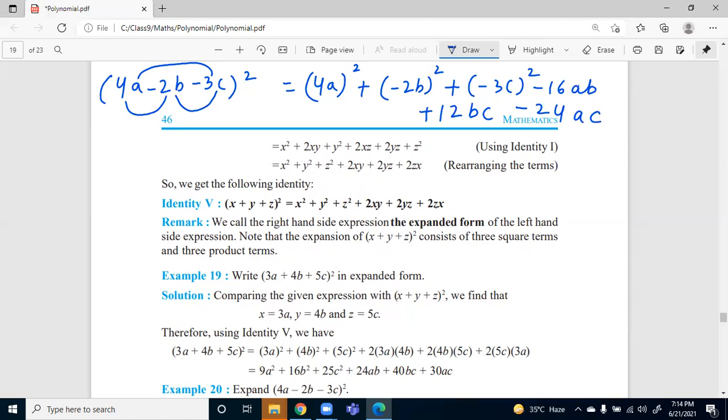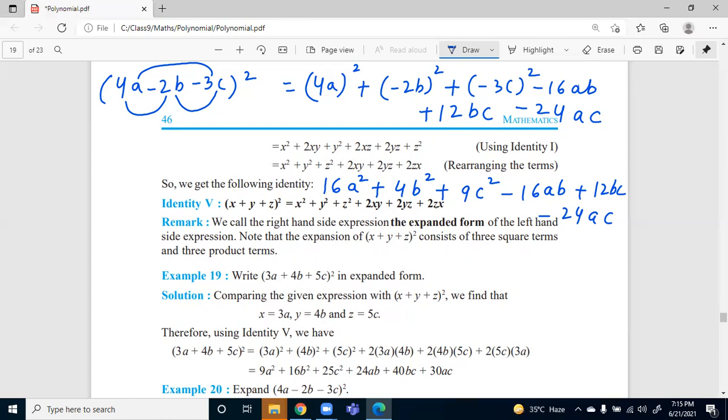Now if you expand it further, 4a whole square makes 16a square, plus 4b square, plus 3 threes are 9c square, minus 16ab plus 12bc minus 24ac. Now all six terms are unlike, so we cannot reduce it further. That is the final answer.